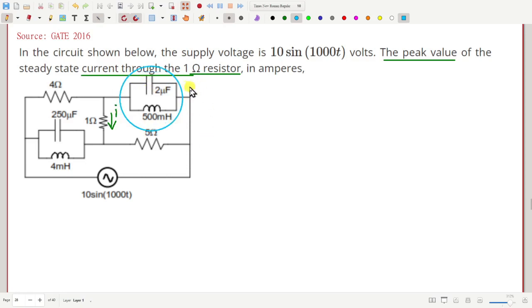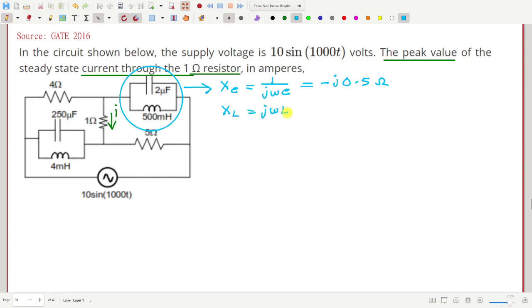Here how much is XC? Minus j 0.5 ohm, right? Then how much is XL for this 500 millihenry?